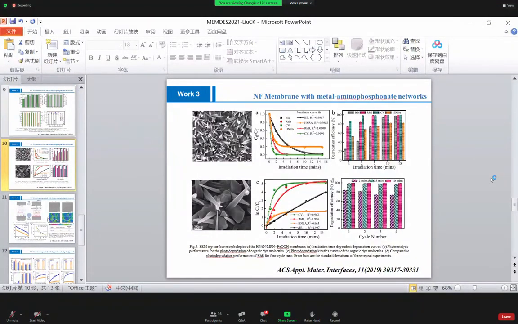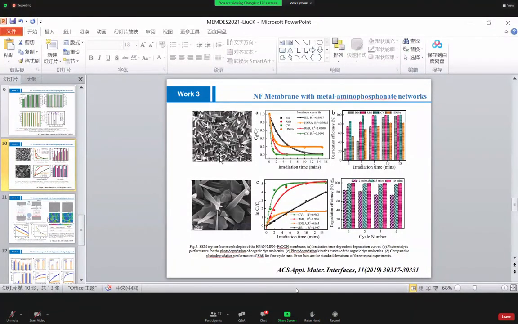So we make a step further by using the iron for the reactions with ammonium bicarbonate, and to form hydroxyl iron oxide, which shows a needle-like structure on the surface.